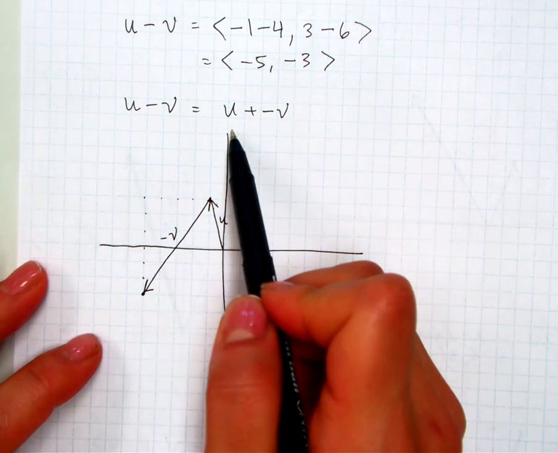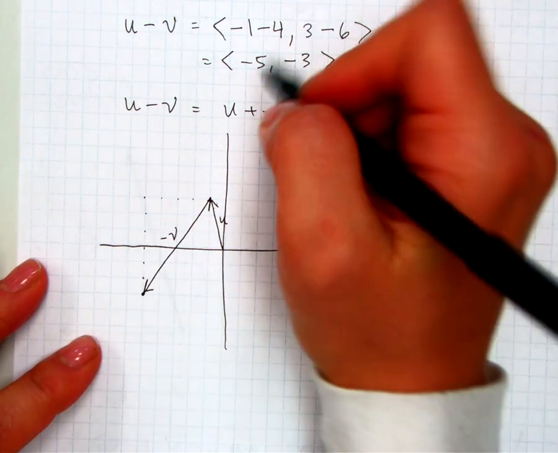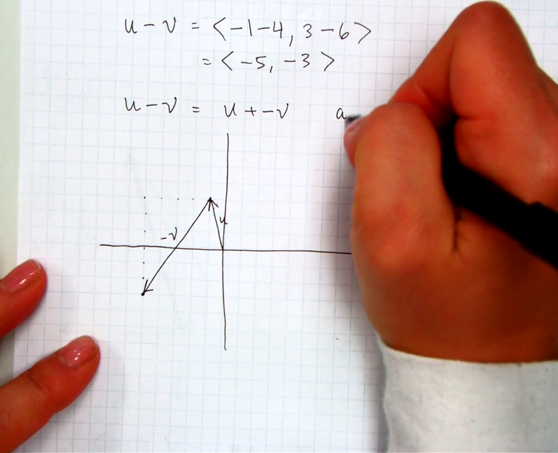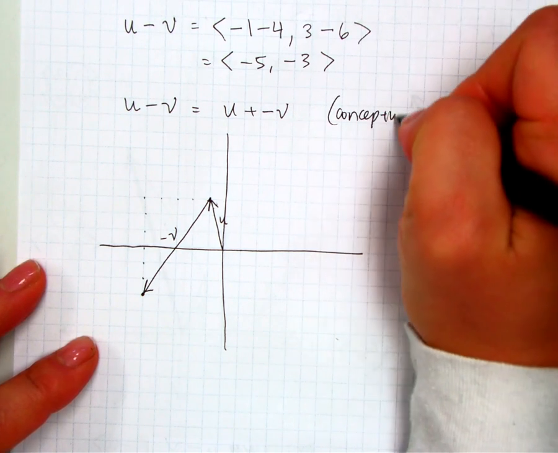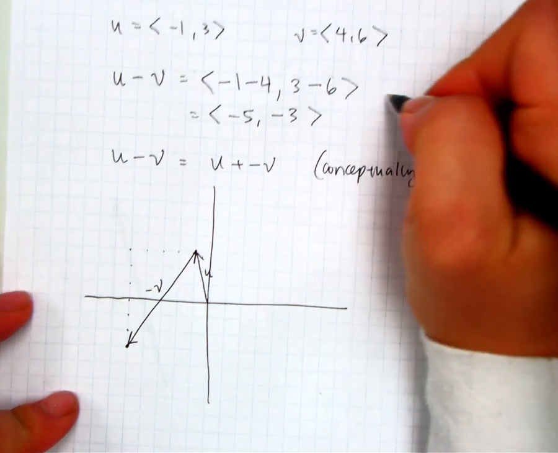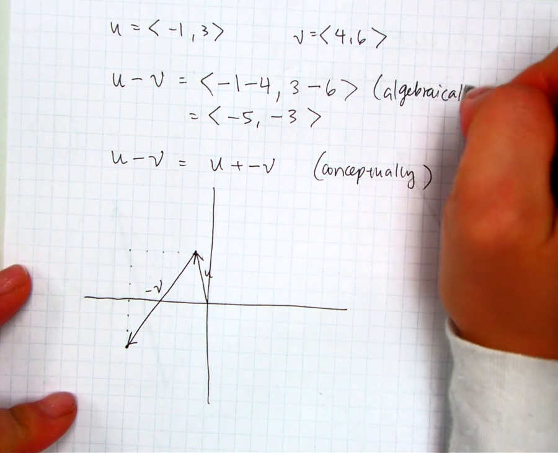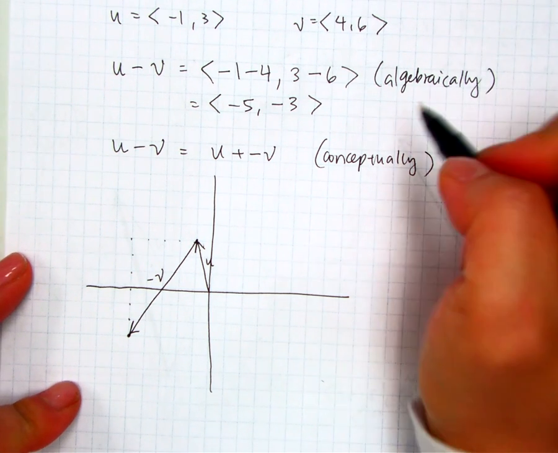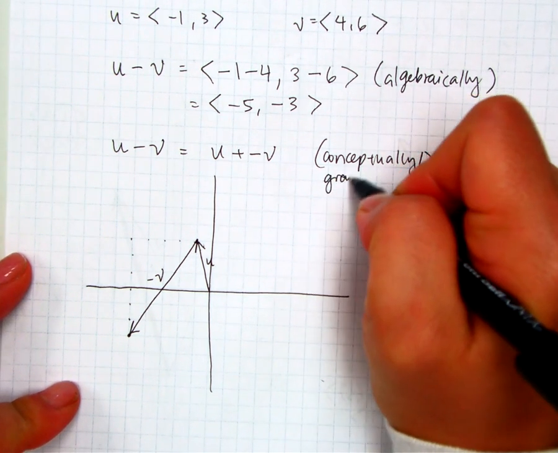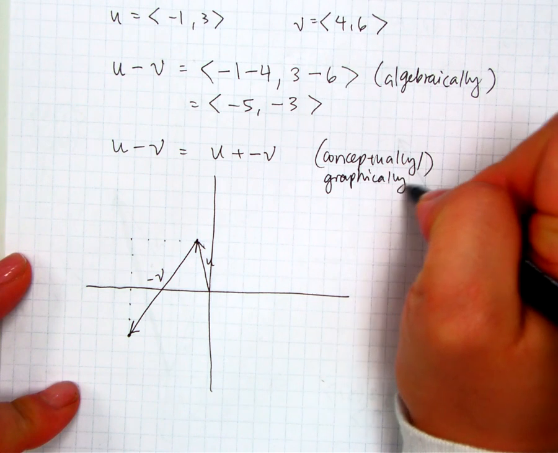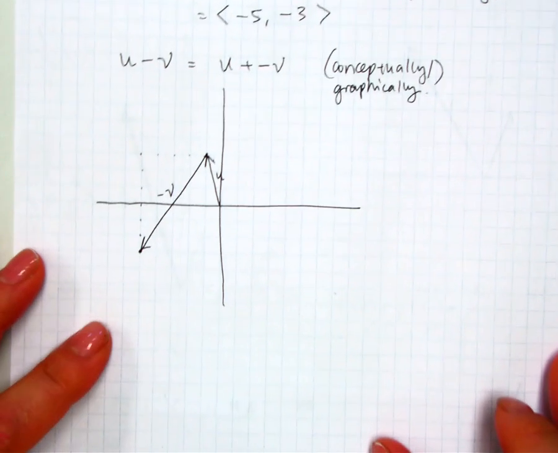So I'm adding u plus negative v. That's what this means conceptually. Yes, this is algebraically. Conceptually or graphically, you could think about it that way.